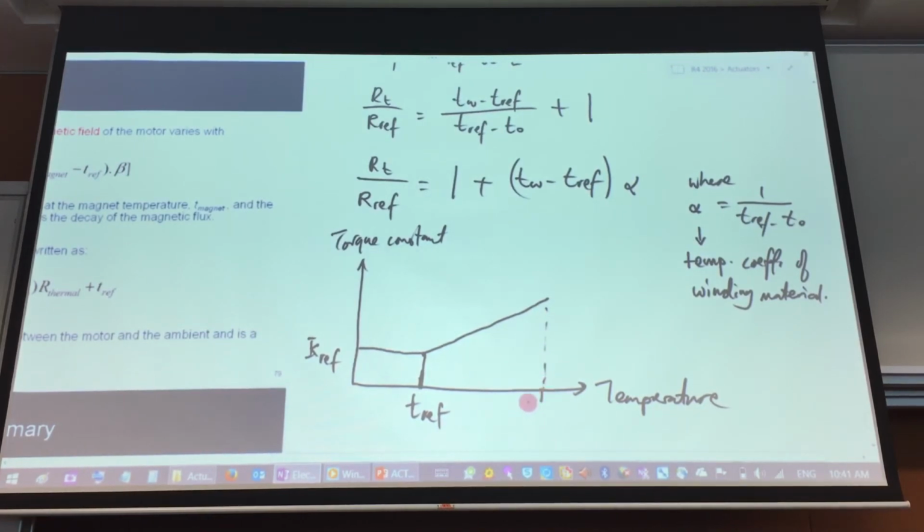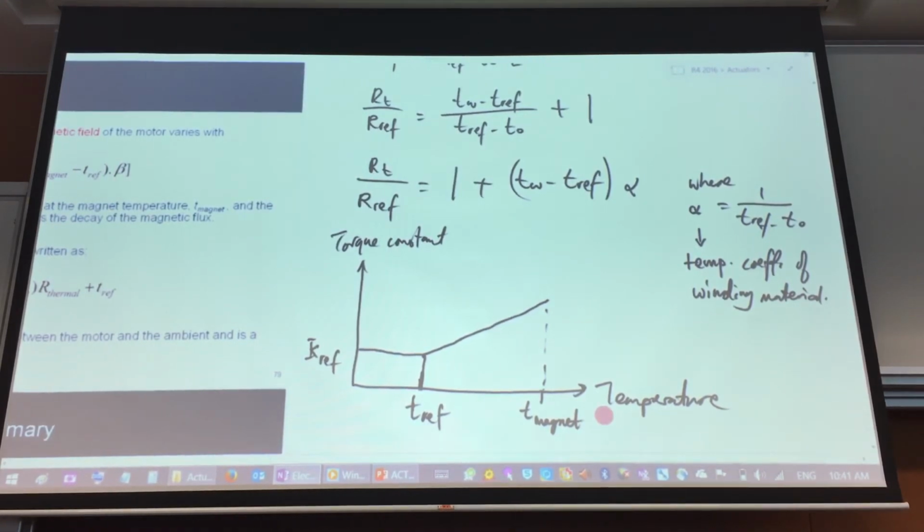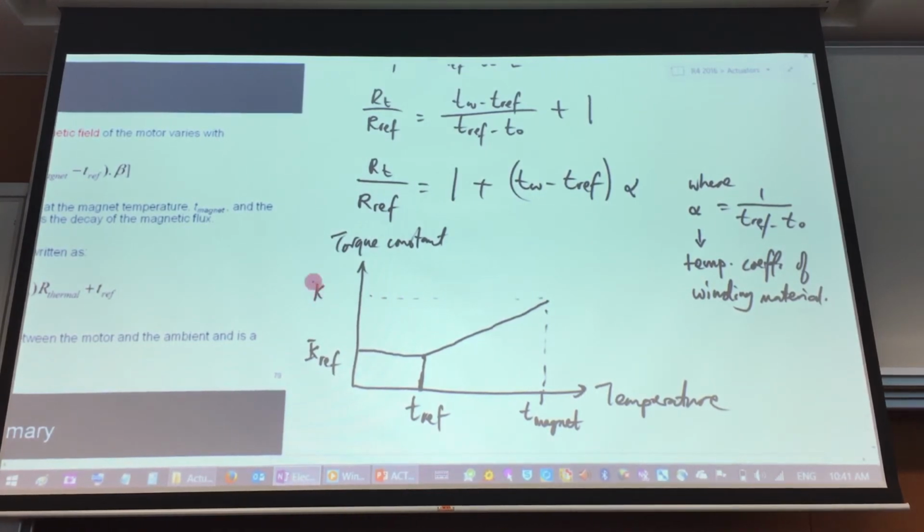So I call this part my temperature, but instead of the winding, it's for the magnet, because it is your magnet that will affect your torque constant. So correspondingly, this KT over here, capital letter KT, will be your torque constant.